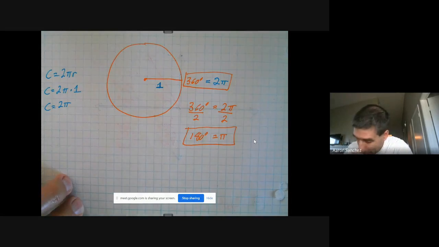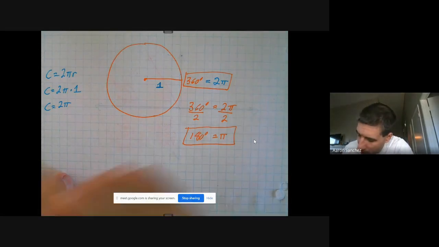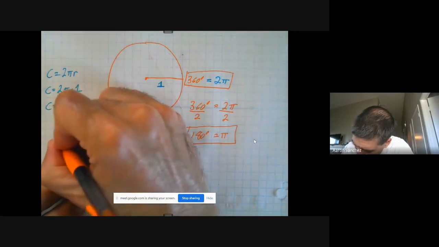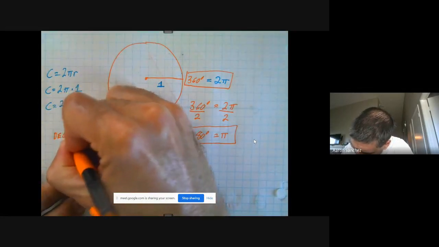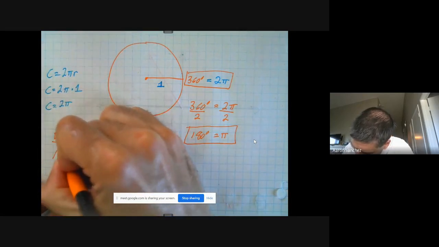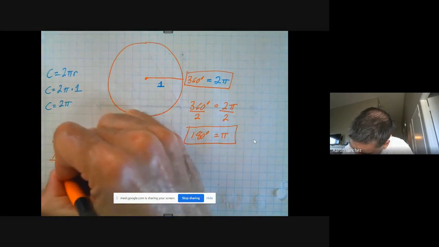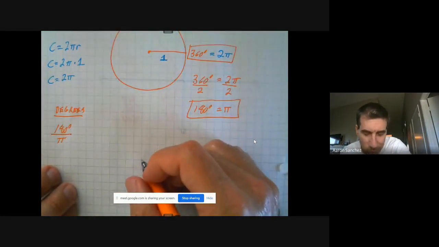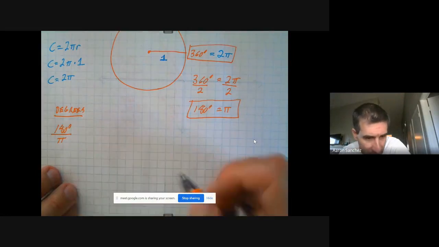And so, in order to convert to degrees, we're going to use a ratio with 180 degrees in the numerator and pi in the denominator. If they say change it to degrees, put degrees on top.